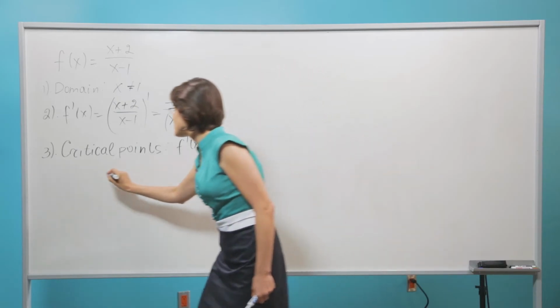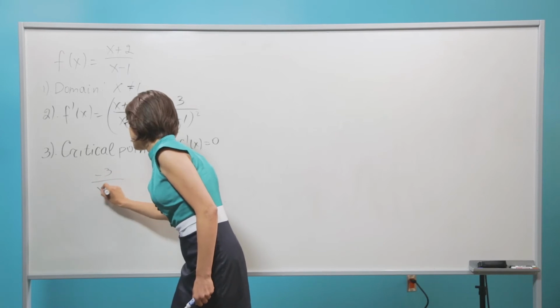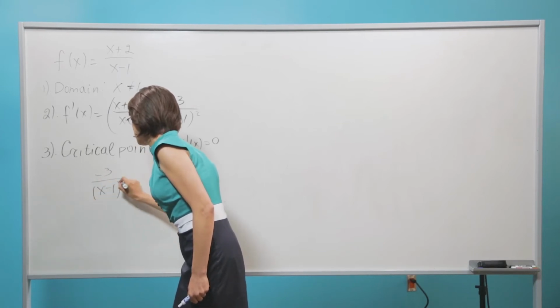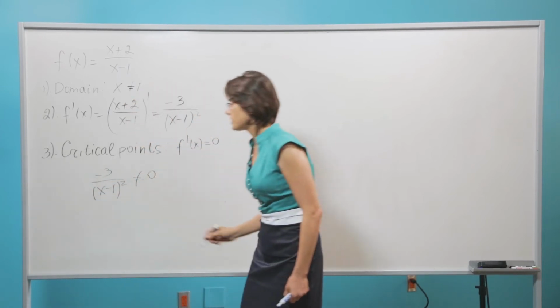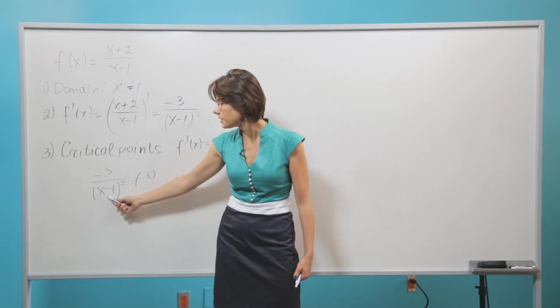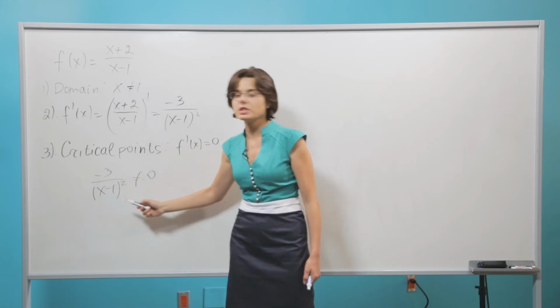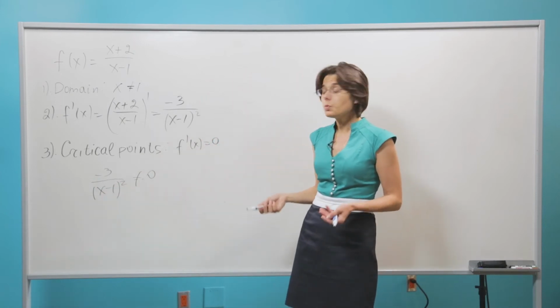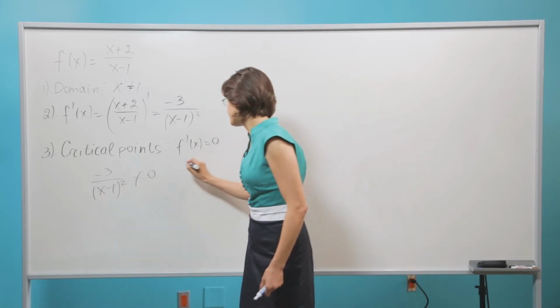But look, in our case, minus 3 over (x minus 1) squared will never be equal to 0. We cannot find any x which we would plug into the denominator so that minus 3 over this denominator would give us 0. So what does it mean? We don't have any critical points.